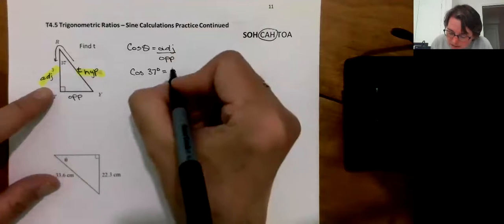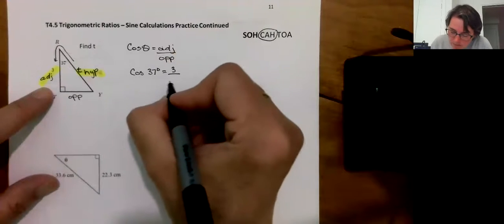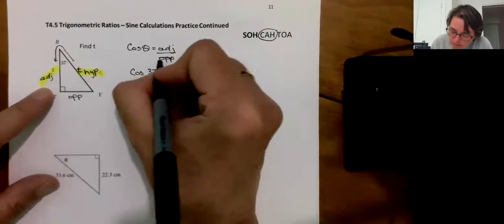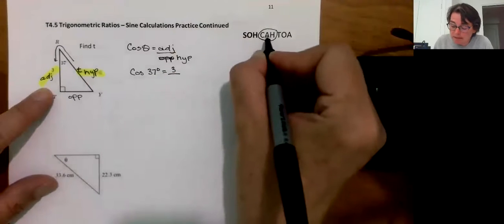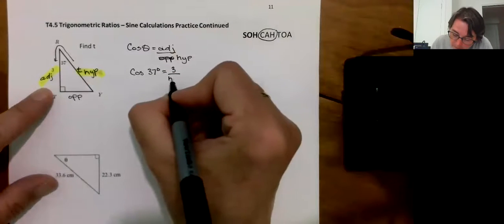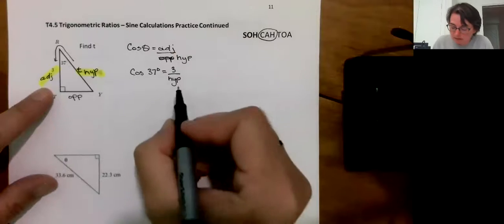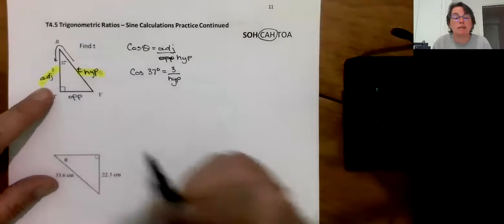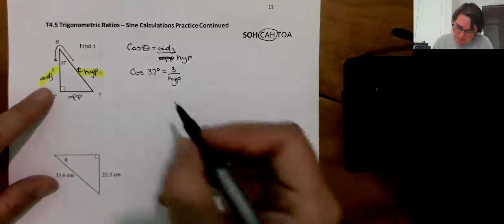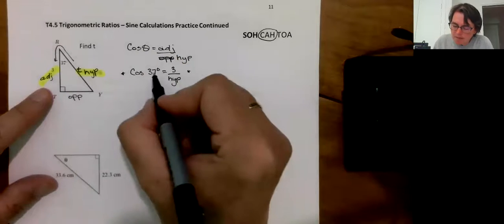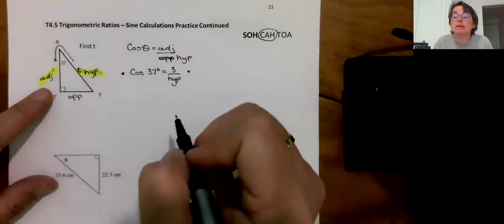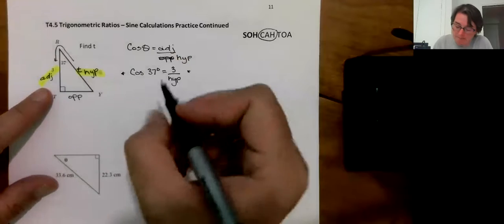Adjacent side is 3 over opposite. Whoa, nope. Formula screwed up there. It should be hypotenuse. All right, adjacent over hypotenuse. And I caught myself because I saw that that was highlighted and I'm like, why do you have opposite there? Okay, checkpoint. I have a number there, and an unknown. So 2 out of 3 is awesome.